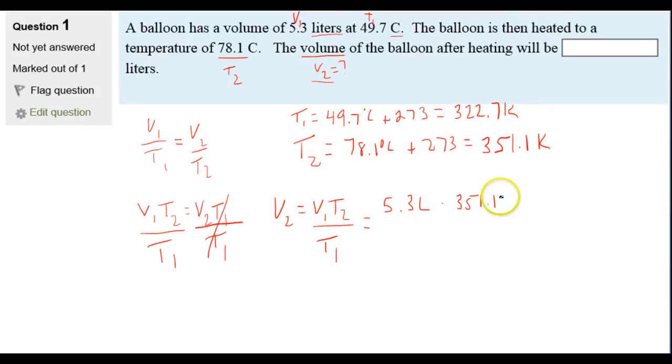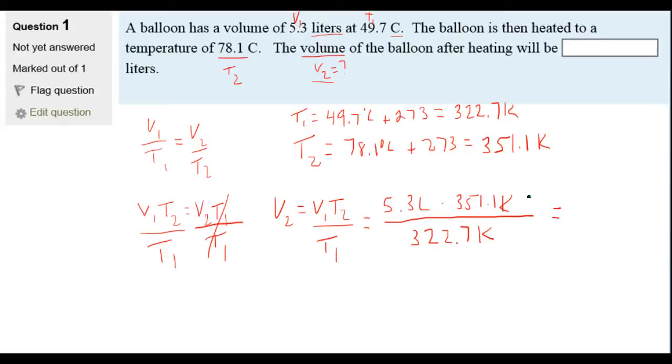And we're going to go ahead and divide this by T1, which is going to be 322.7 K. So we'll get our calculator out and take 5.3 times 351.1 divided by 322.7, and we'll get our answer.